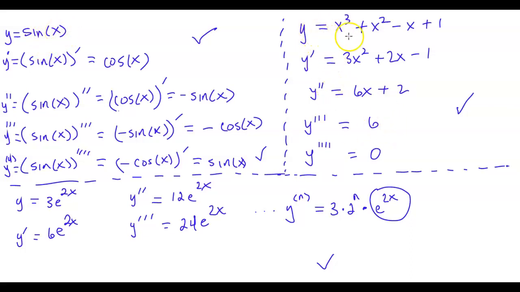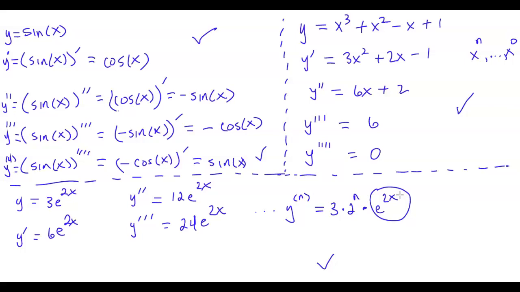The basis for my polynomials is just going to be x raised to the n all the way down to x raised to the 0, which is another way of saying 1. And for my exponentials, it's just going to be the actual base exponential function itself. So for these types of functions, it is easy for us to use the method of undetermined coefficients because it gives you an easy way to characterize any derivative of order n for these types of functions.